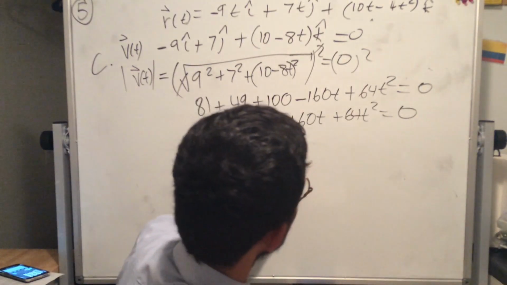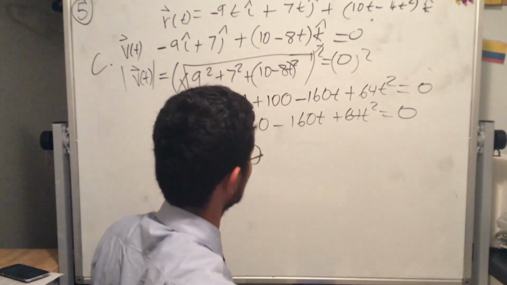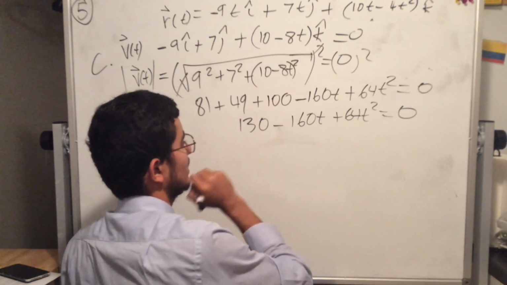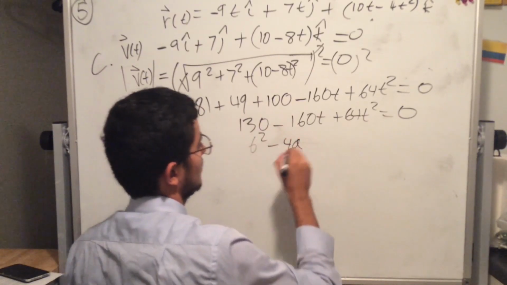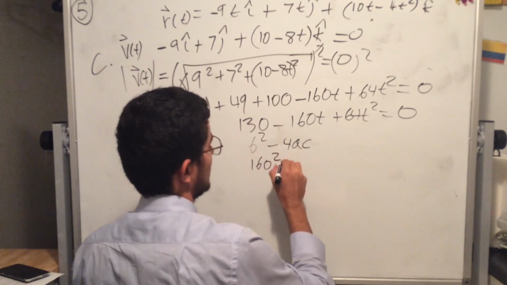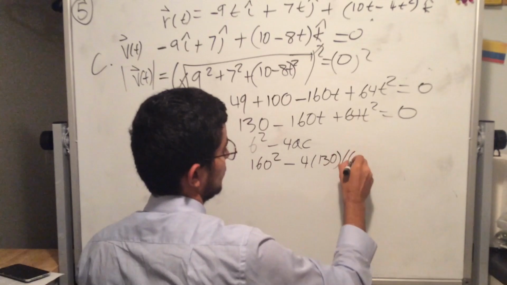So we found out that there is no real solution for this quadratic equation, and we can show that by finding the discriminant, right? So we're going to find b squared minus 4ac, which is just going to be 160 squared minus 4 times 130 times 64.